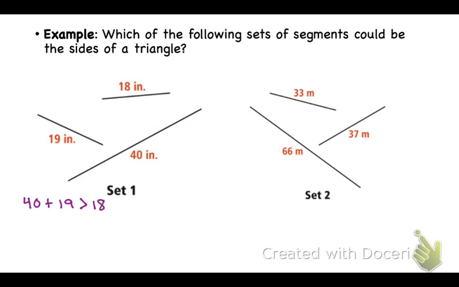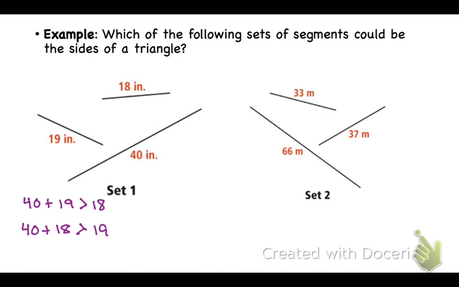Yes. Obviously, because both 19 and 40 are bigger than 18. I'm not even going to work it out, because one of them alone is bigger than 18. So 40 plus 18 has to be bigger than what? 19. Obviously. Is 40 bigger than 19? Okay, that works.